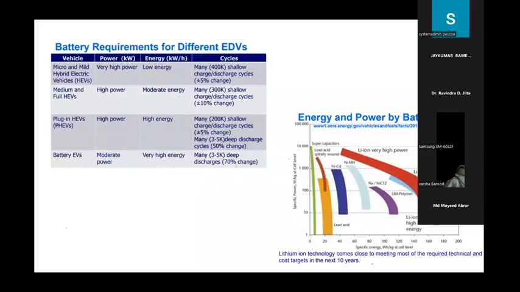Normally, the technology presently utilized by the automobile industries is the lithium-ion based battery in their vehicles. If you look at the advantages of lithium-ion based battery systems, it has a higher specific energy.